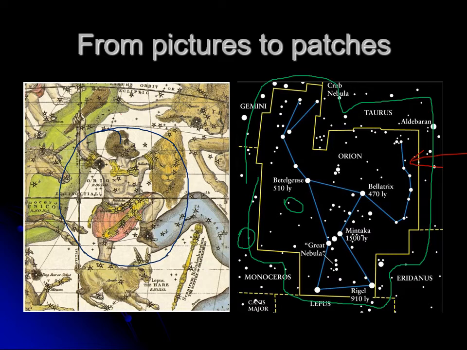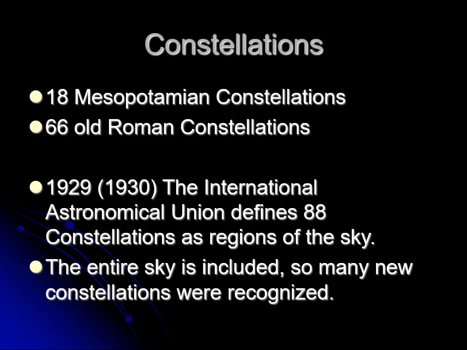Monoceros if you're off to the left, Gemini if you're up and to the left, Taurus if you're up and to the right, Lepus, the rabbit, if you're down underneath it, and then Eridanus if you're down and to the right. So all these constellations now have boundaries that are defined, and so that defines the constellation now. That was done in 1929 by the International Astronomical Union, and they published the list in 1930.